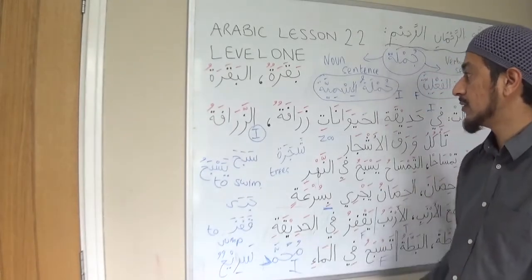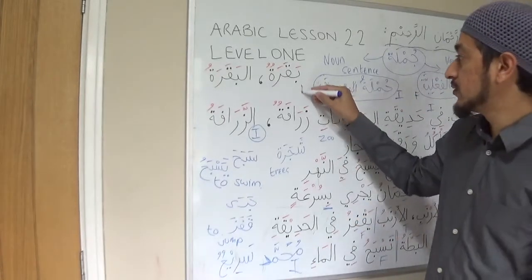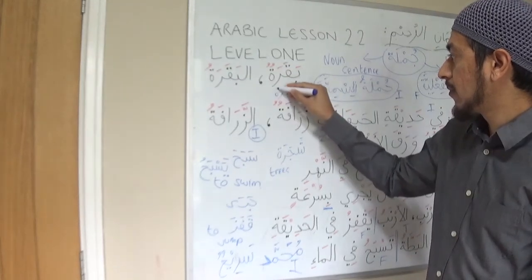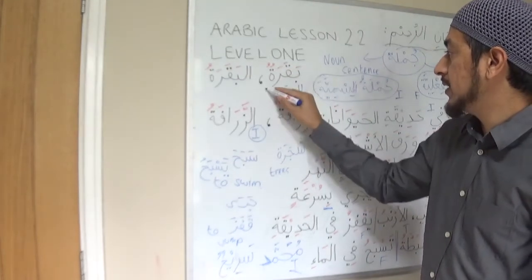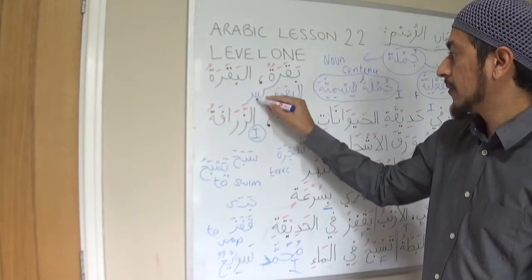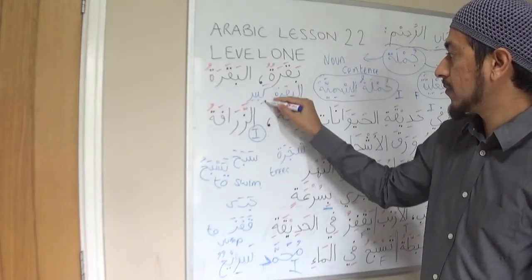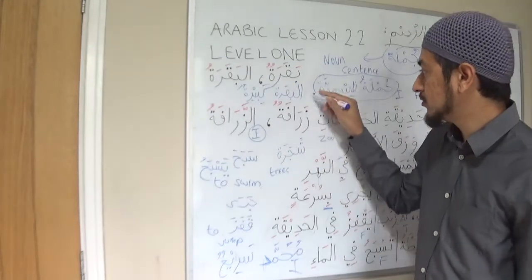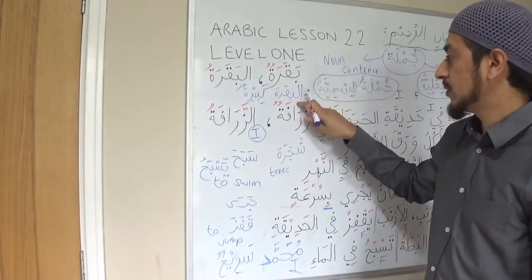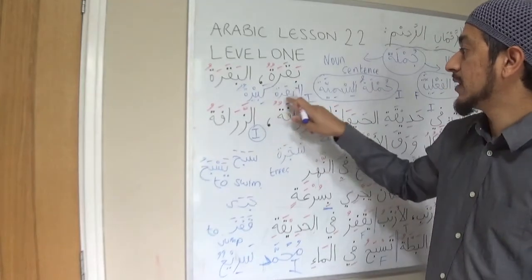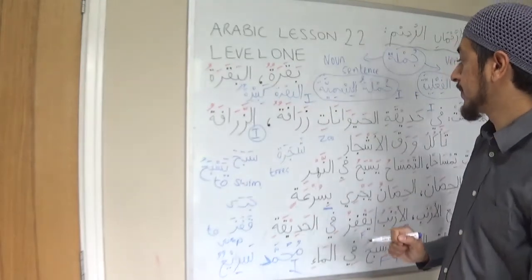So it's Muhammad سريع. البقرة كبيرة. Here we're talking about the baqarah. This is a jumla ismiya because we're talking about the cow. We're starting with a noun. Al-baqaratu kabira. The cow is big.